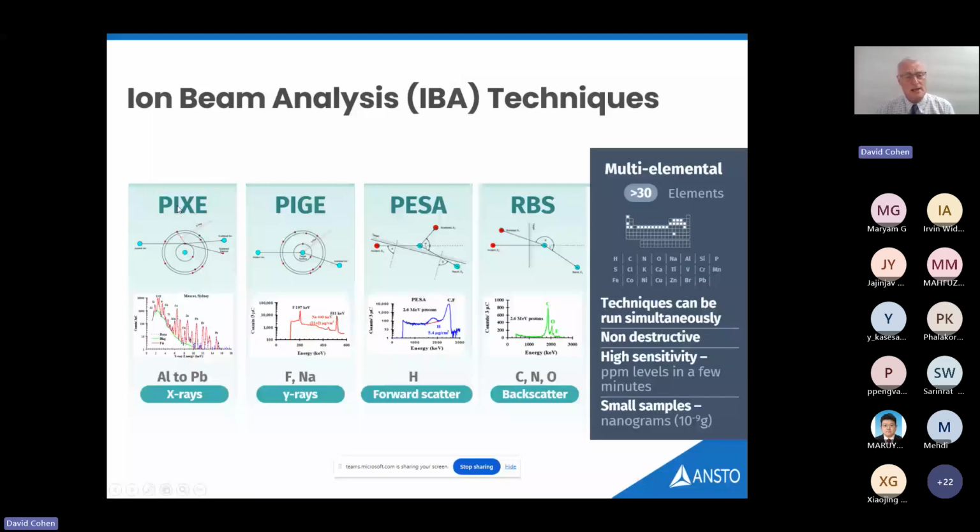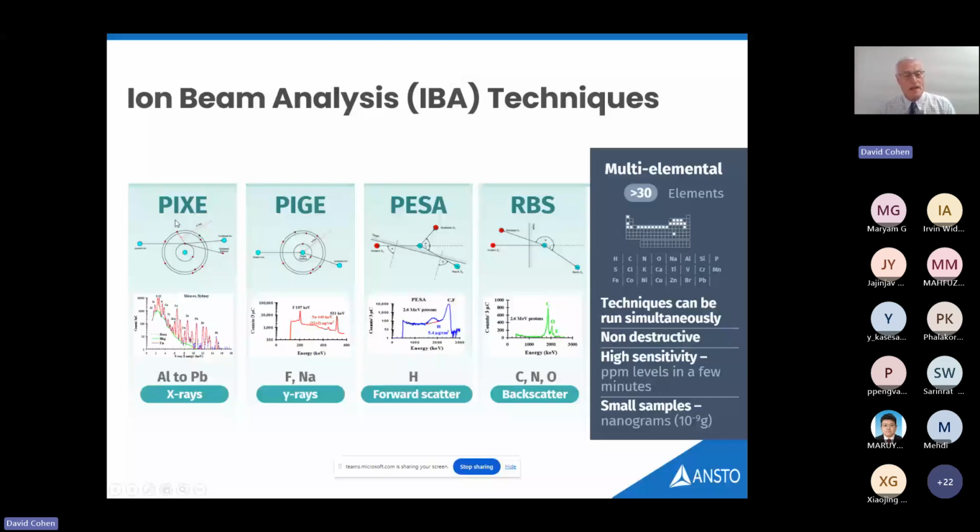The second one is PIGE, particle-induced gamma ray emission. The third one is PESA, particle elastic scattering analysis. And the fourth one is Rutherford backscattering, RBS. And each of these is a nuclear technique in itself.